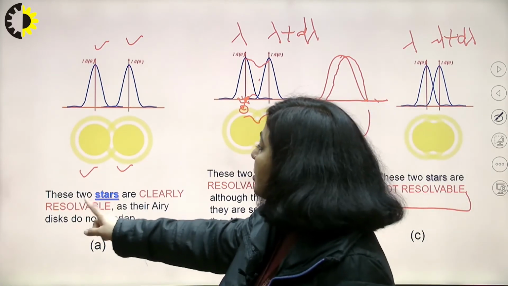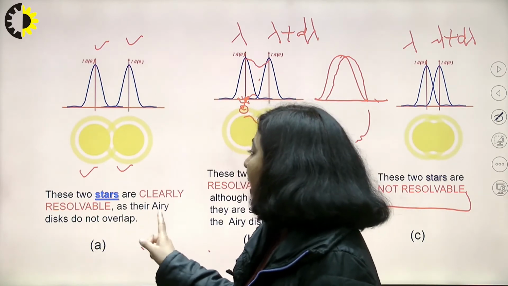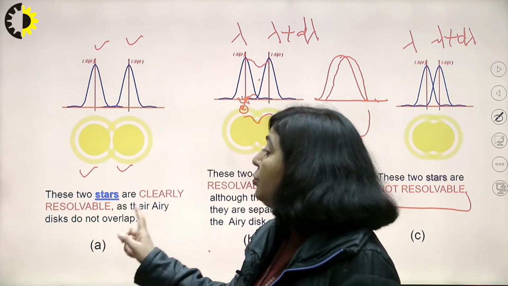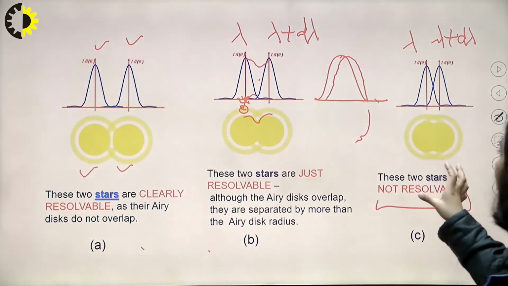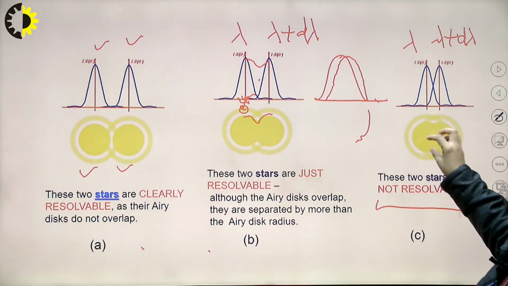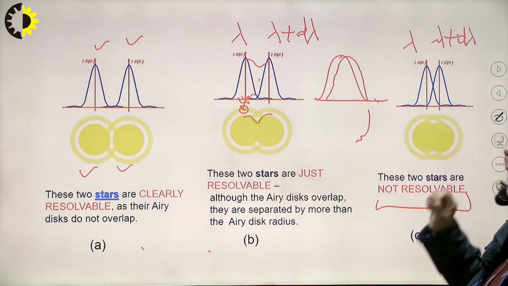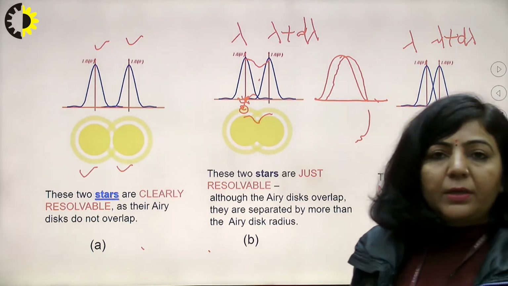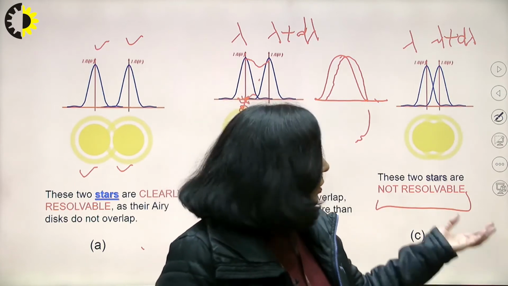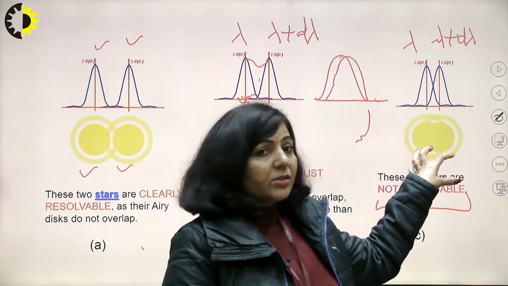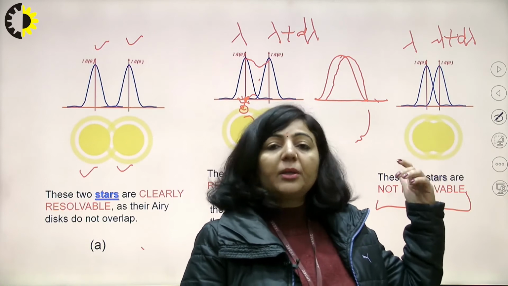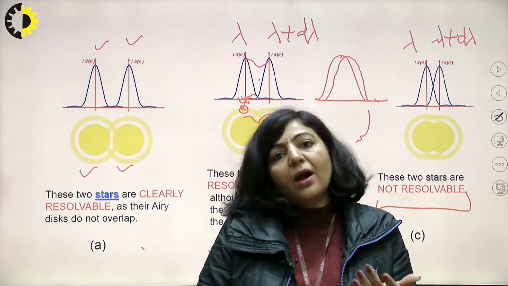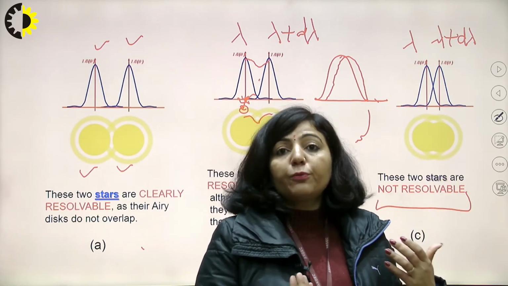So now these two stars are clearly resolvable as their airy discs do not overlap, whereas you can see there is overlapping of these two, and when there is overlap, it means those two are appearing like they are coming from a single source. So you cannot decide here whether the pattern is because of a single star or because of two different stars.